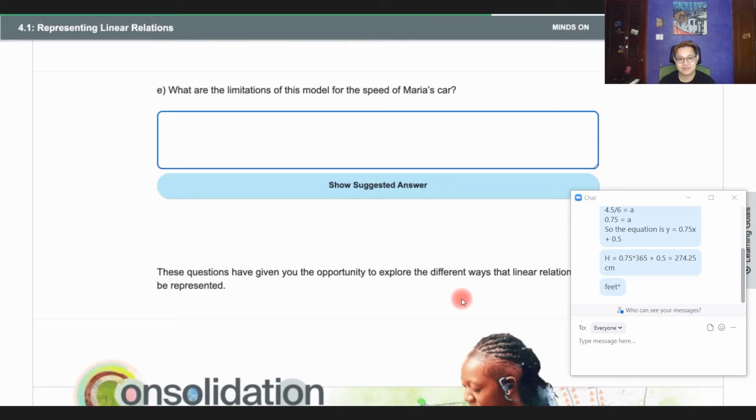I think it's not realistic, because there are a lot of factors involved in her speed.